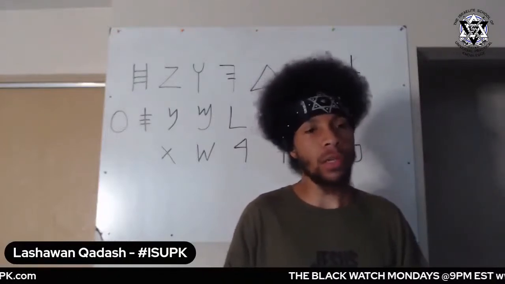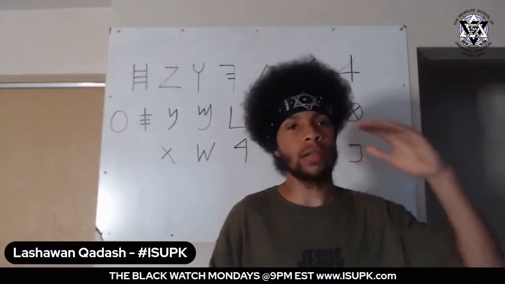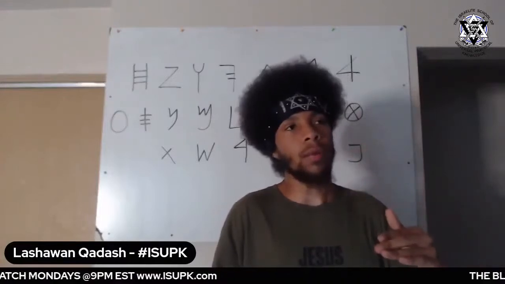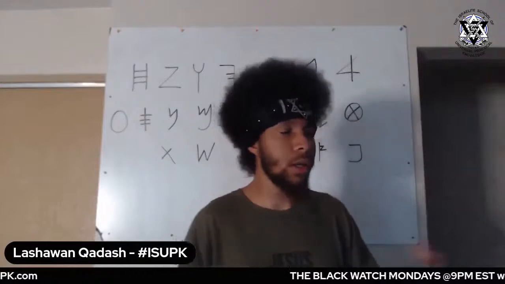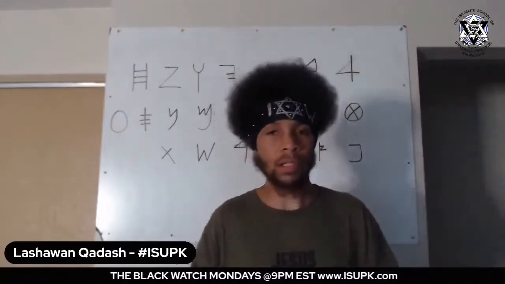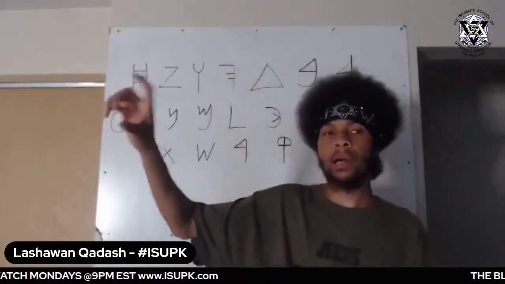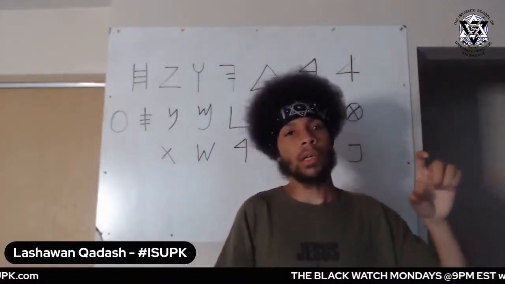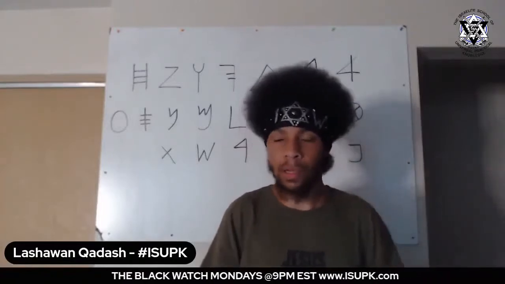But as far as the transliteration with the scriptures, we are going to use actual scriptures, as I mentioned last week, and show you how it looks in the Hebrew, and get the key word or the key message out of that precept. So not necessarily breaking down the entire scripture, just picking an important piece to get the importance of that scripture, and then breaking it down in the Hebrew.